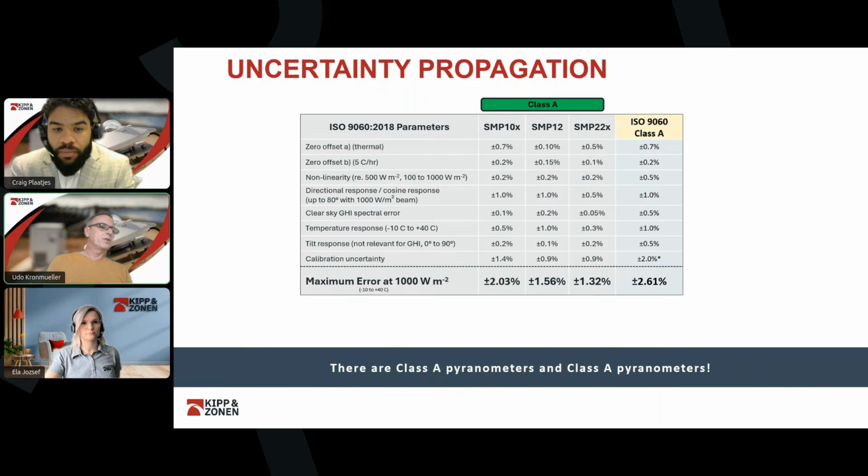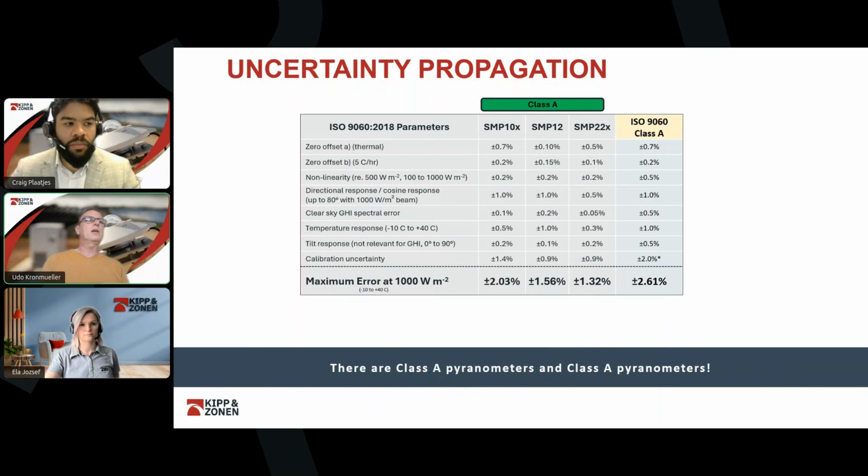We can put a question mark behind whether it's useful or not, because as we have seen, this 2 years recalibration interval is just set in stone, more or less. It has nothing to do with the technical or physical performance of the pyranometer. As we have seen, pyranometers are stable much longer than just 2 years.